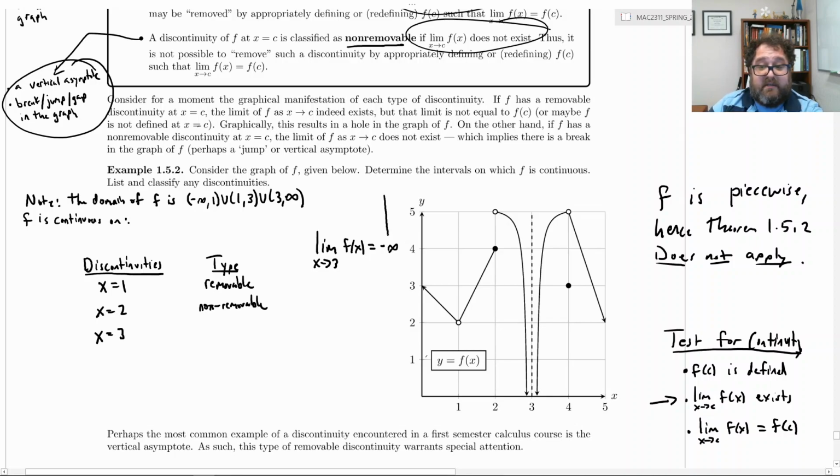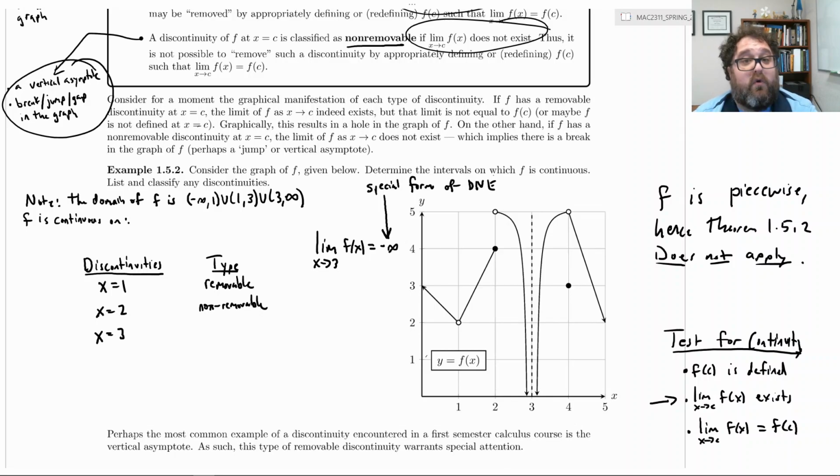Remember, this is a special form of does not exist. If we say a limit equals negative infinity or positive infinity, that's just a special notation that says the limit does not exist in this case because there is unbounded behavior toward negative infinity.